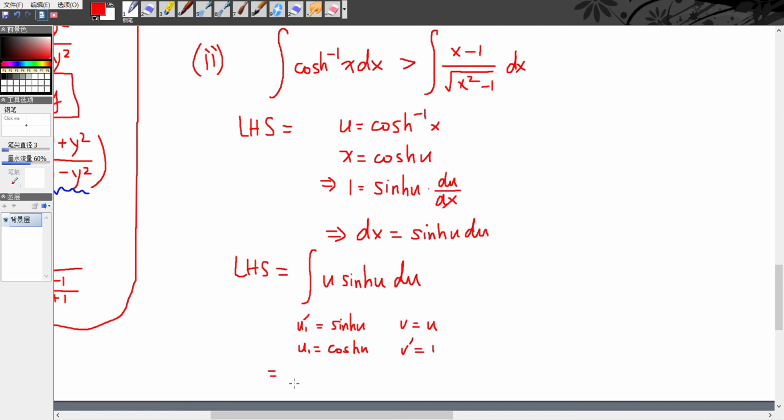So our left hand side is equal to u cosh u minus the integral of cosh u du, which is equal to u cosh u minus sinh u. And this is the result of our left hand side.